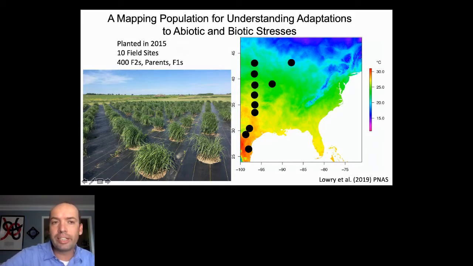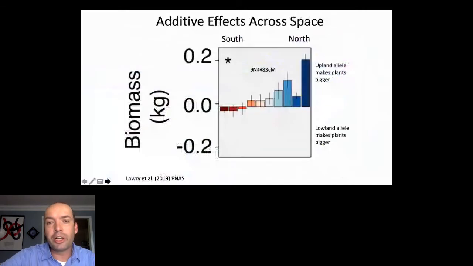And we monitored these plants over the last, I guess it's 6 years now, because we planted them in 2015. We've collected a ton of data on them, including biomass data every year, and different sets of phenotype data every year as well. From that, we were able to identify loci that contribute to adaptation to these different regions. So I'll just show you a quick example of that.